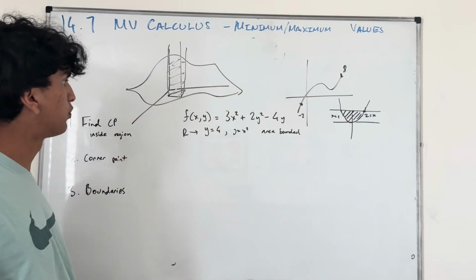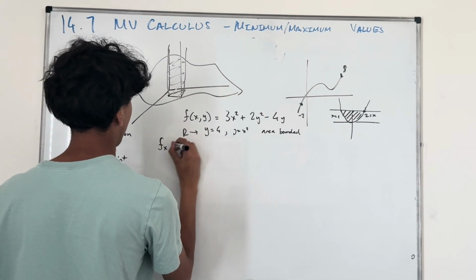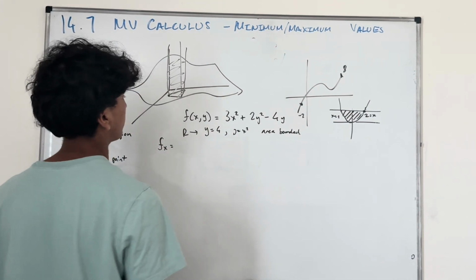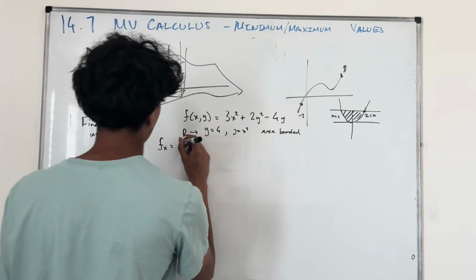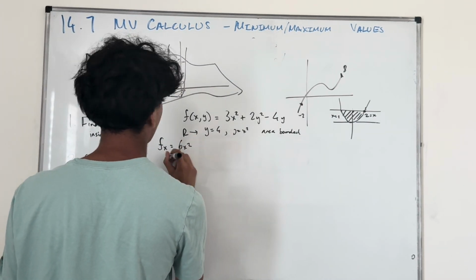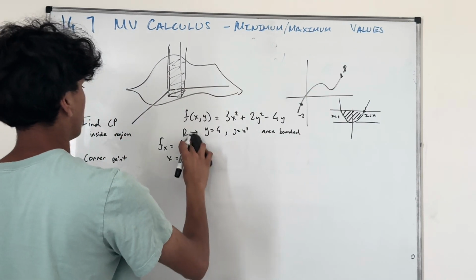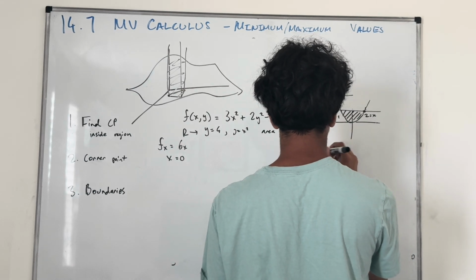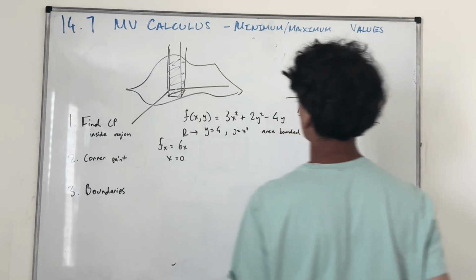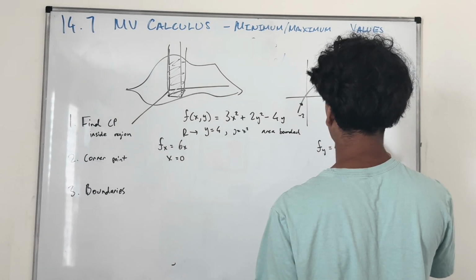Let's find the critical points inside the region. Partial f partial x is going to equal 6x, that's pretty simple. And then partial f partial y, we get 4y minus 4.